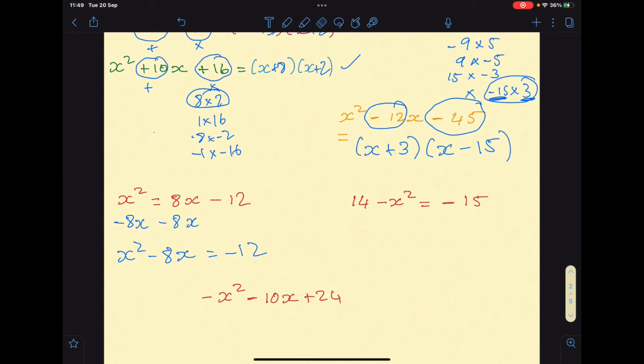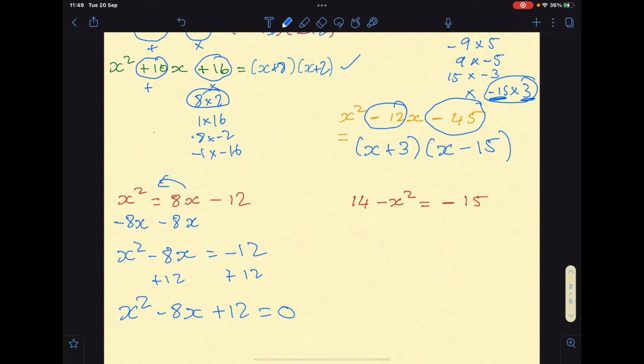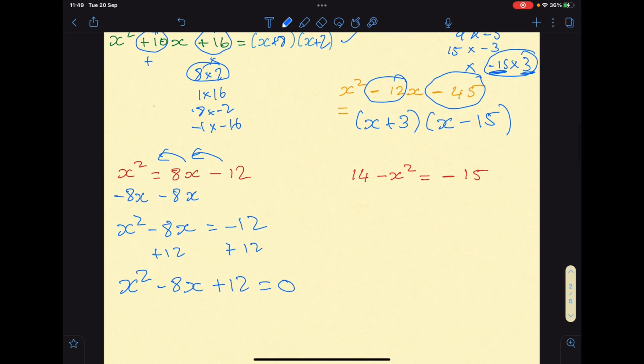And then I'm going to plus 12 on both sides. So I get x squared minus 8x plus 12 equals 0. Okay, so that's what I meant by moving everything to the other side. When you move everything to the other side, the sign changes. Okay, now it's in factorized form.